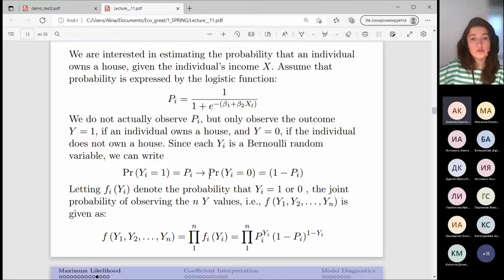So we use the same formulas, the same logic. If we want to construct the joint probability distribution, we again use the same formula as we've just discussed. But you should remember this is the general formula of the joint probability distribution, and you can plug in here the logistic function instead of this general notation.